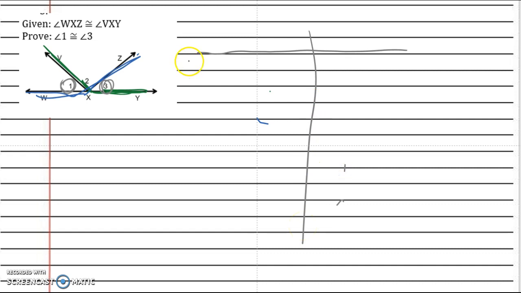So I'm going to say, oh sorry, my givens. Angle WXZ is congruent to angle VXY.